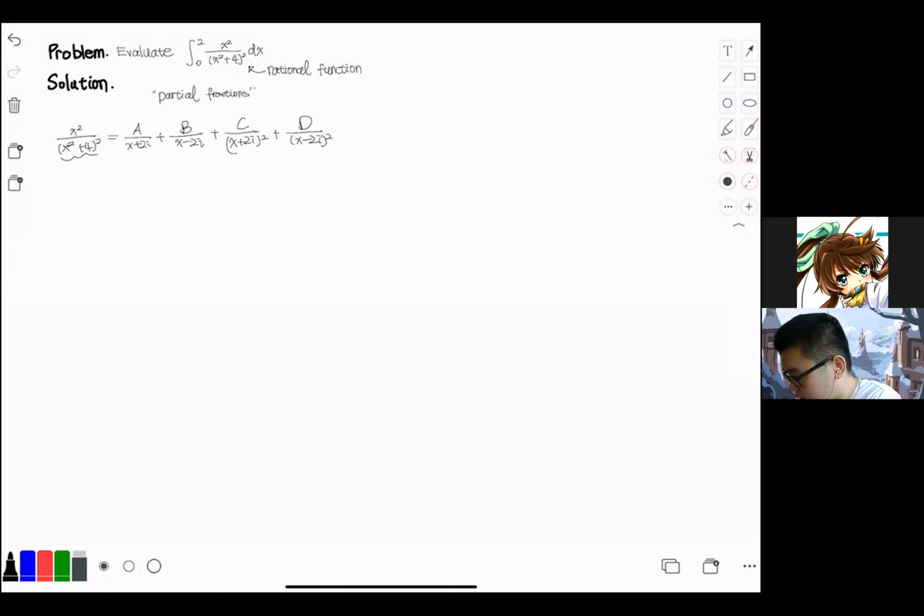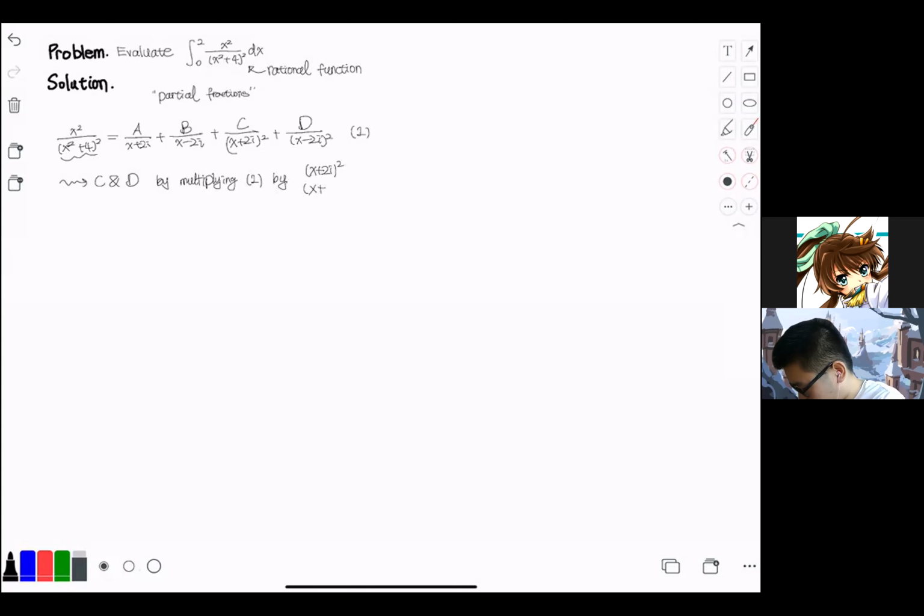And in this case, we can rapidly compute C and D by multiplying by factors like (x + 2i) squared or (x − 2i) squared.